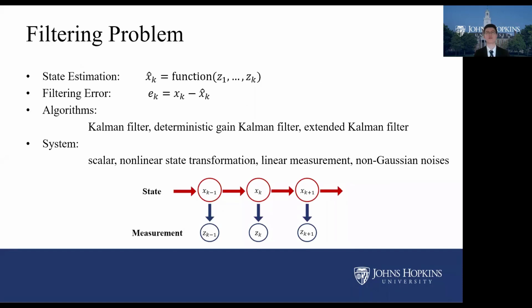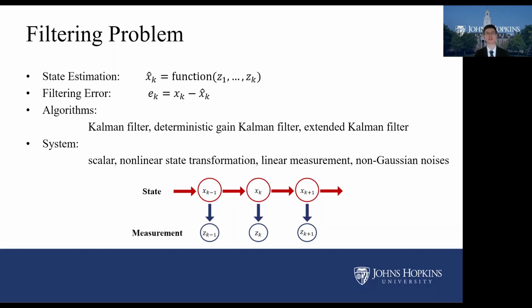As we know, filtering algorithms estimate the state variable x given the observation measurement z up to the current time point. Our focus here is the error of the state estimation, E, as an evaluation of algorithm uncertainty and performance.